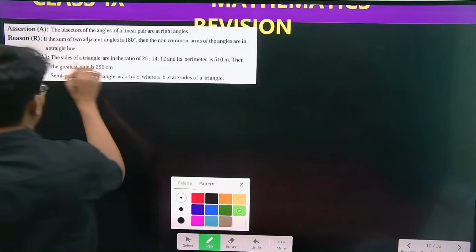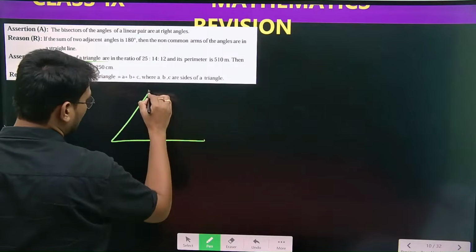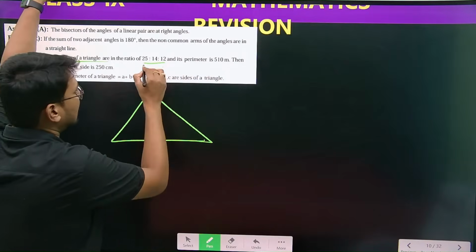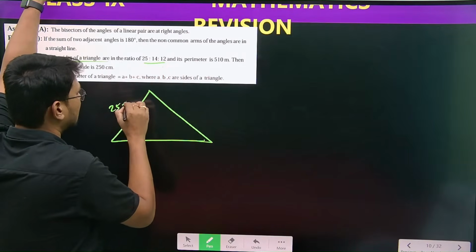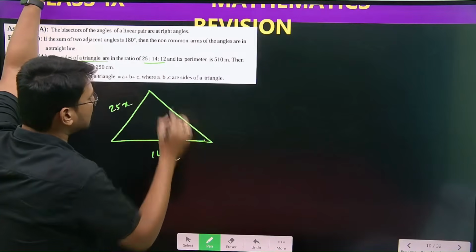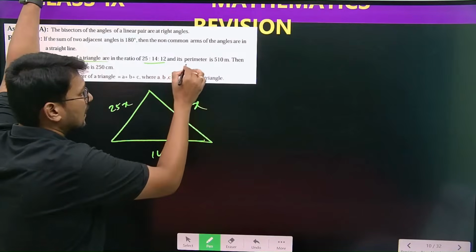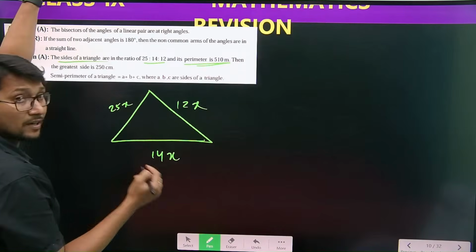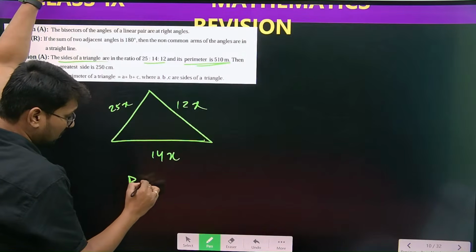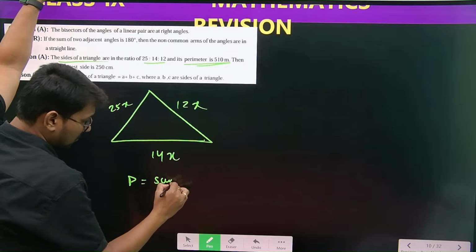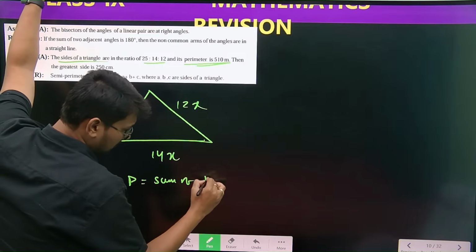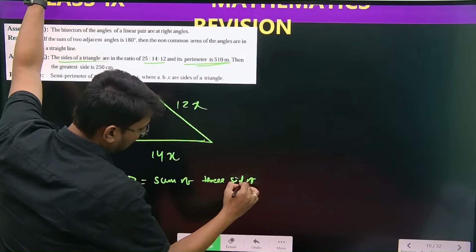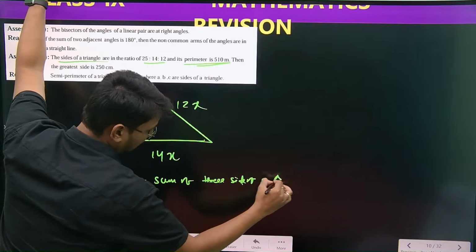The sides of a triangle, let us draw the triangle. The sides of the triangle are in the ratio 25 is to 14 is to 12. Let me write: the first side is 25x, the second one would be 14x, the third one would be 12x, and its perimeter is 510. Perimeter equals the sum of the three sides of a triangle.